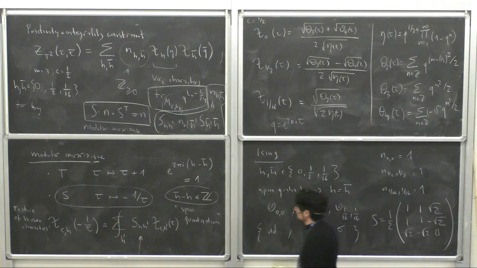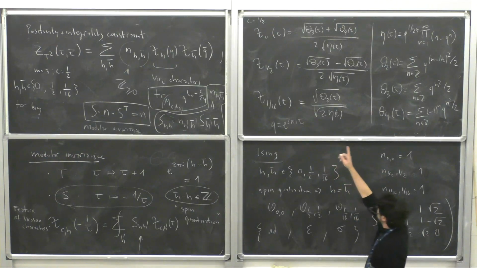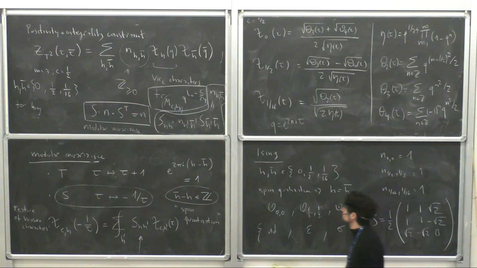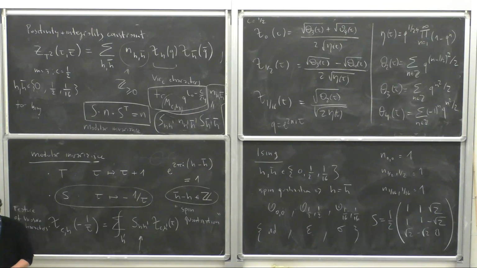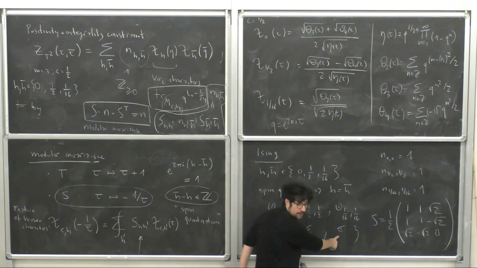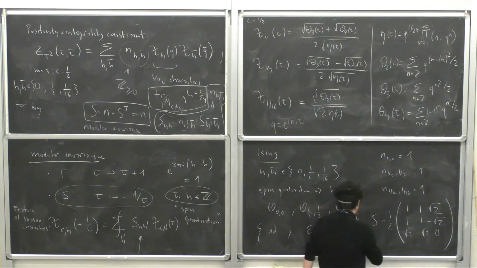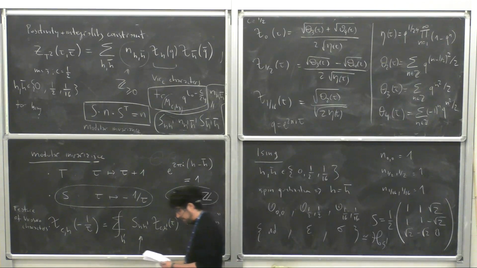So we have computed the Ising partition function on the torus, and it is just the sum of these 3 characters in absolute value. So the degeneracies here are just 1. And this is isomorphic to the Hilbert space of the Ising CFT on the S1. So we have this isomorphism by the state-operator map.